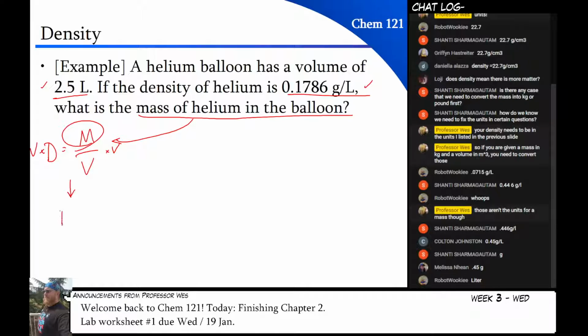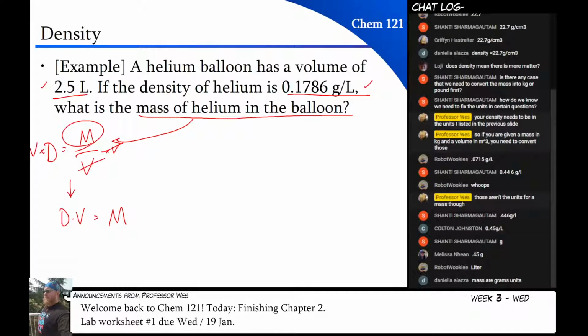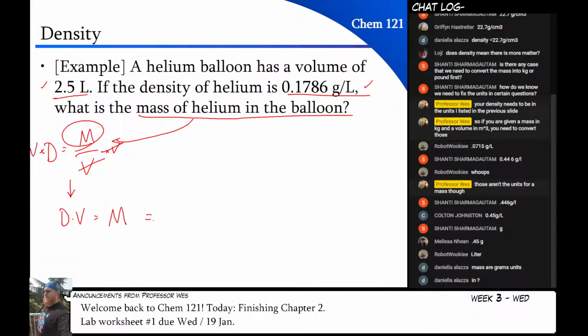And so I get d times v equals, these cancel out, m. So if I multiply density times volume, I will get mass. Yes, you do have to do algebra in this class, so it's important that you do this and don't just plug in the numbers.